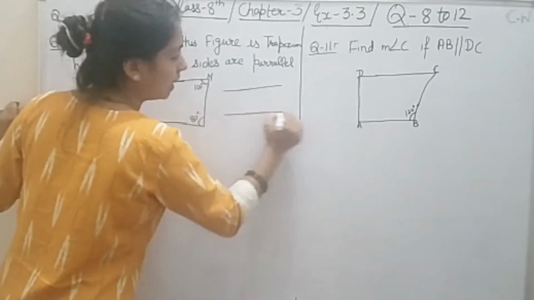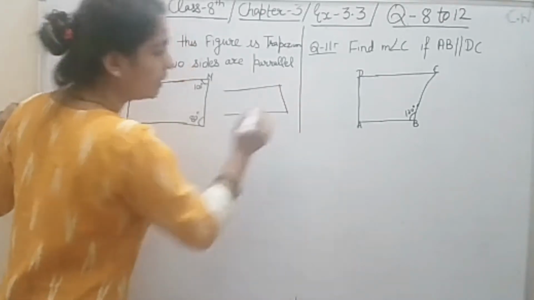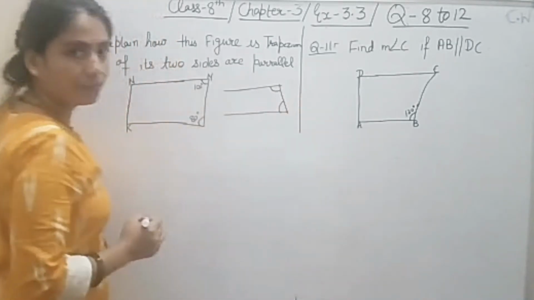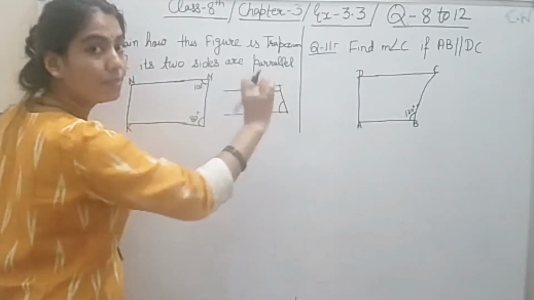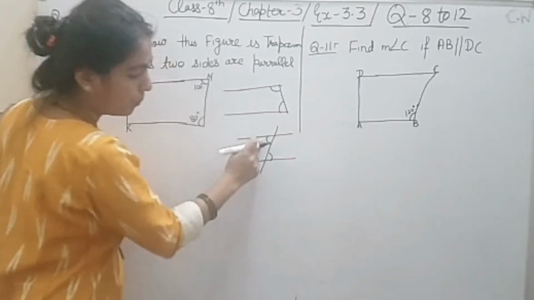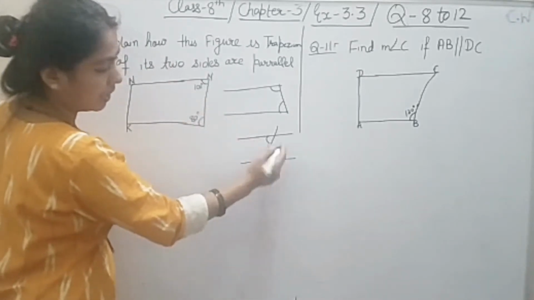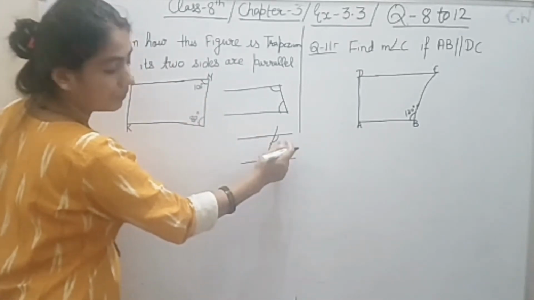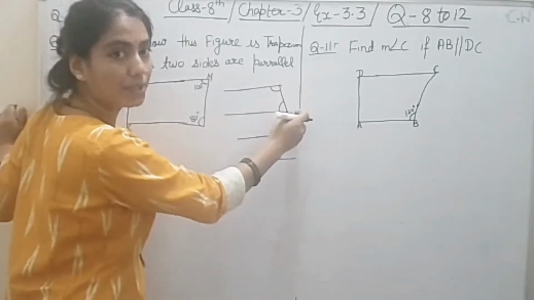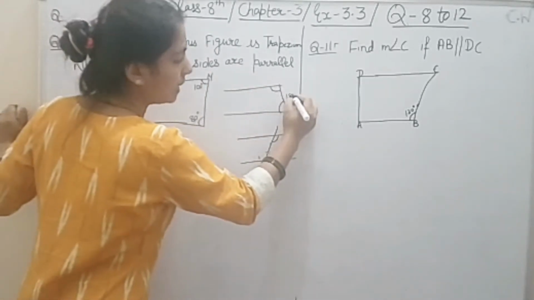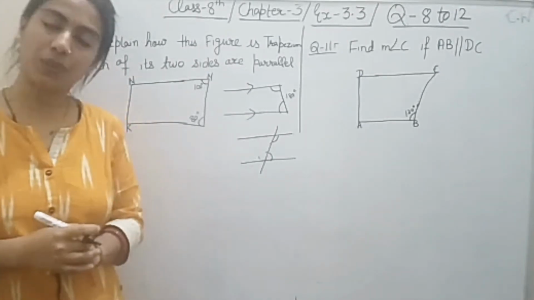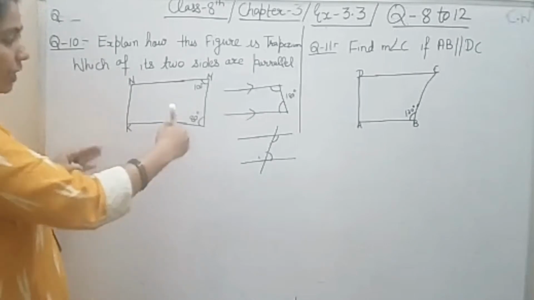Whenever we have two parallel lines and a transversal line cuts these two lines in such a way that the angle sum of the interior angles on the same side of the transversal, मतलब ये transversal line है, ठीक है? ऐसे नहीं, ऑपोजिट साइड पे नहीं, सेम साइड पे होने चाहिए. Same side, interior angles on the same side of a transversal, और उनका सम अगर 180 आएगा then these lines are called parallel, otherwise not.